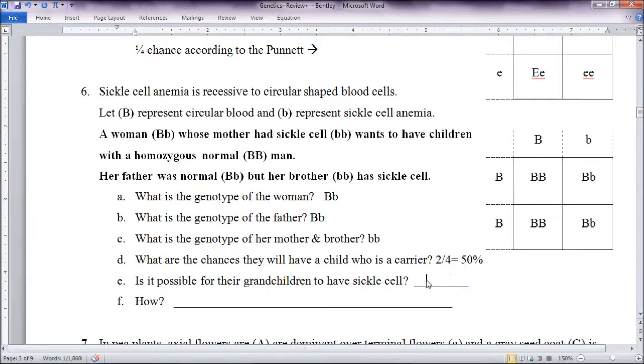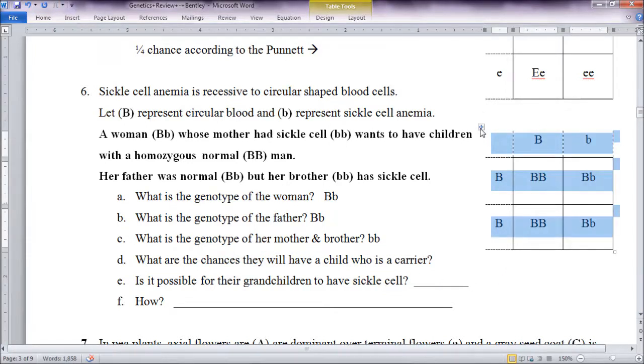So I'm just going to say, let's just take that out. Now, I get it. I think this question, well, okay, I'll go back and fix it. So I guess what this question was trying to say was, what is the chance that the original mother and the original father would have a child who's a carrier?